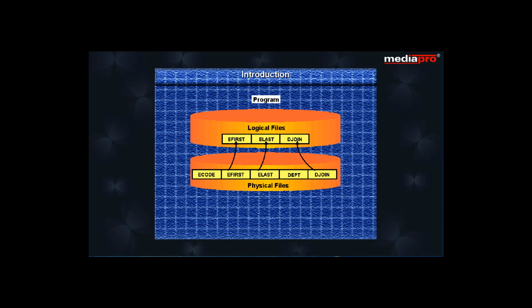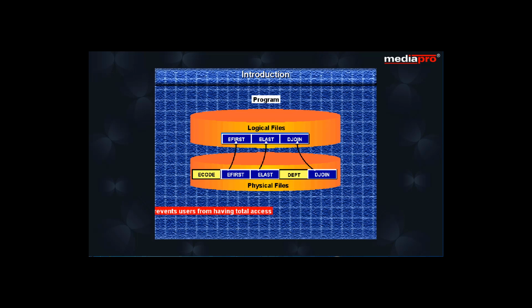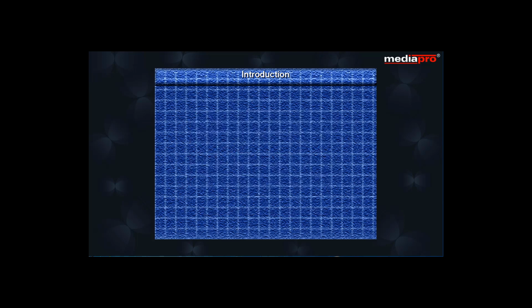Programs that use logical files will see the data in the physical file as per the format of the logical file. By selecting only the necessary fields, we can prevent end users from having total access to the information in the databases, thereby providing a level of security.